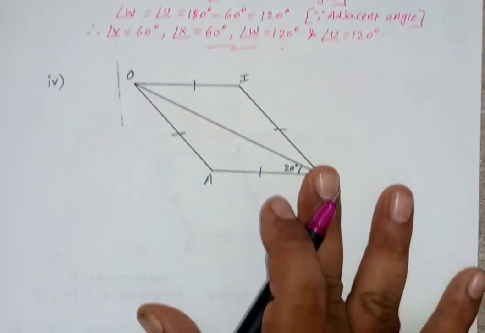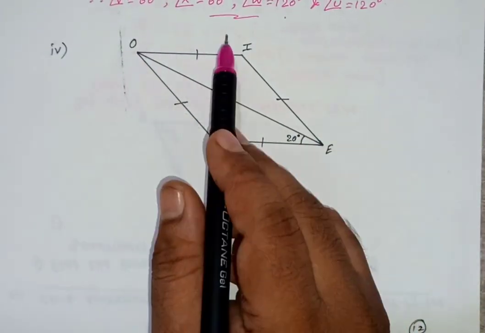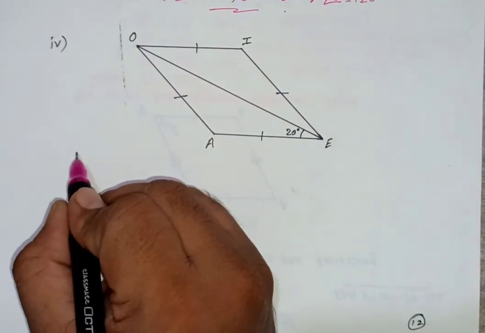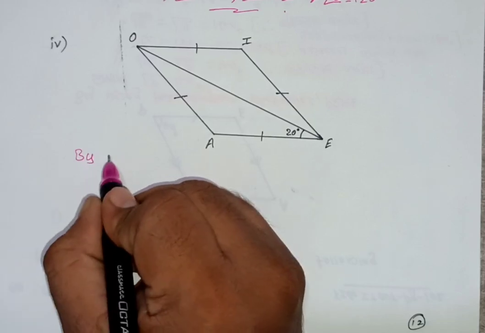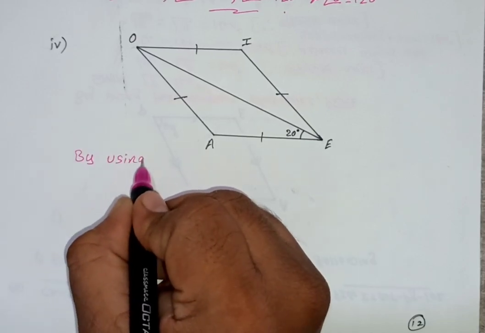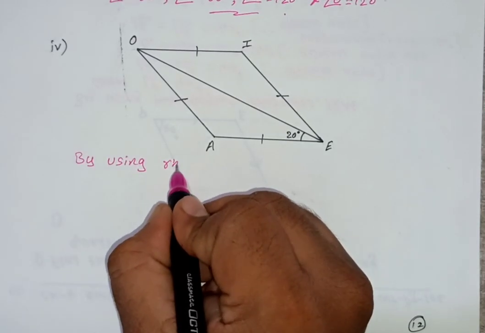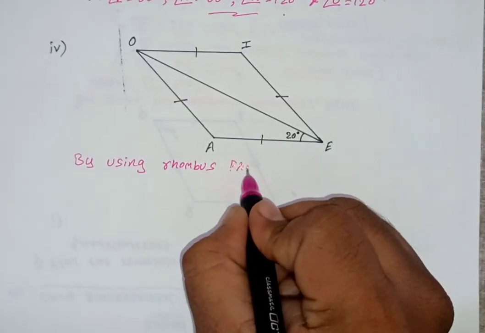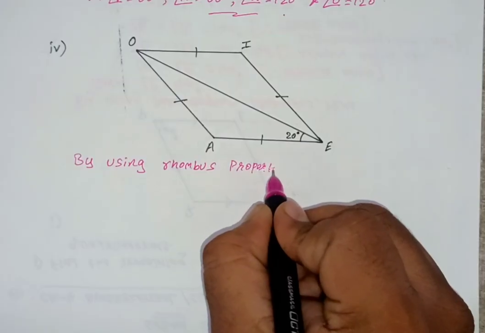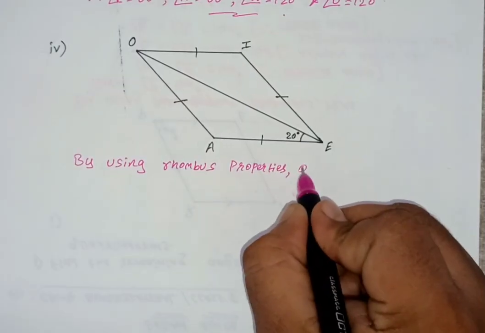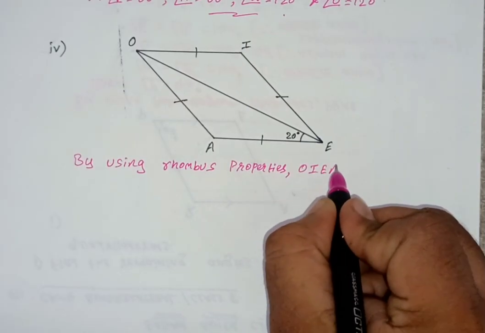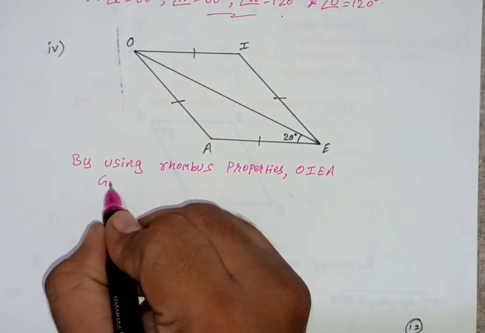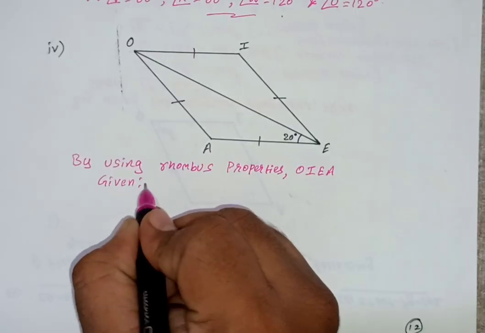Same way, next the fourth one, here again OIEA, again by using rhombus properties. What is given in the figure?